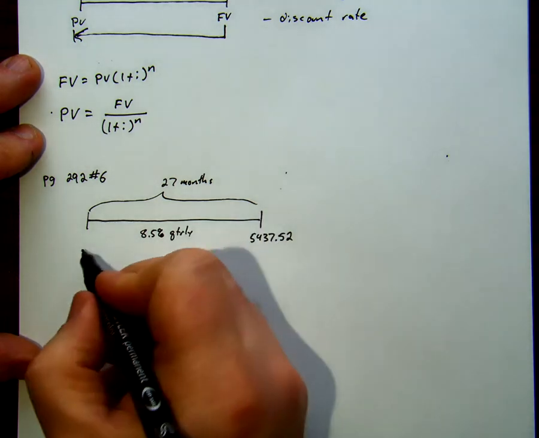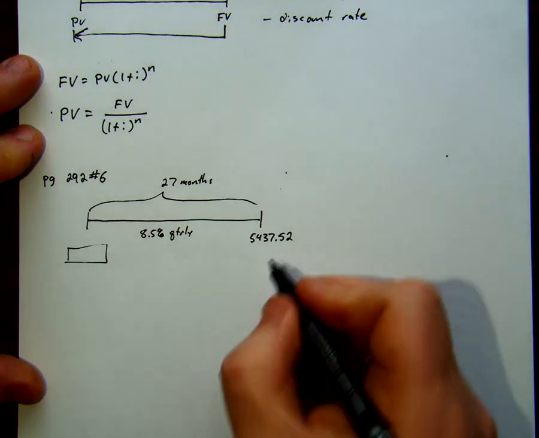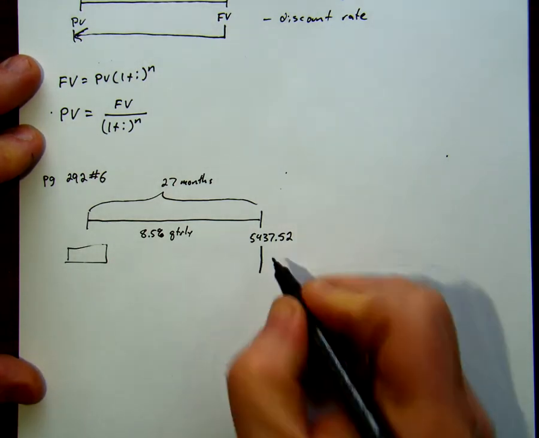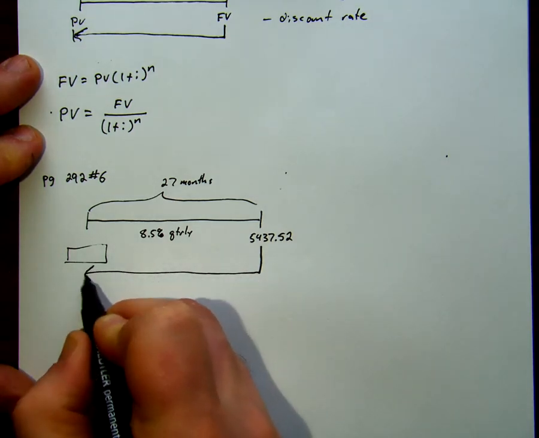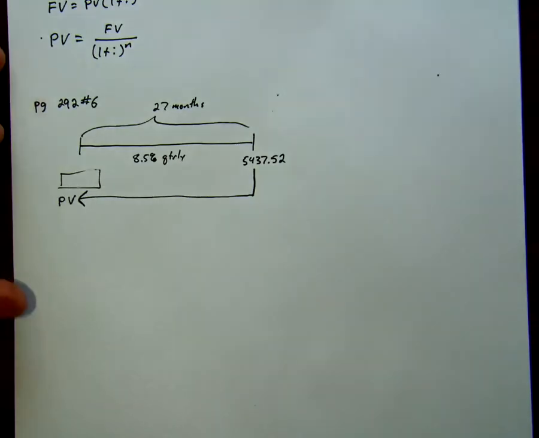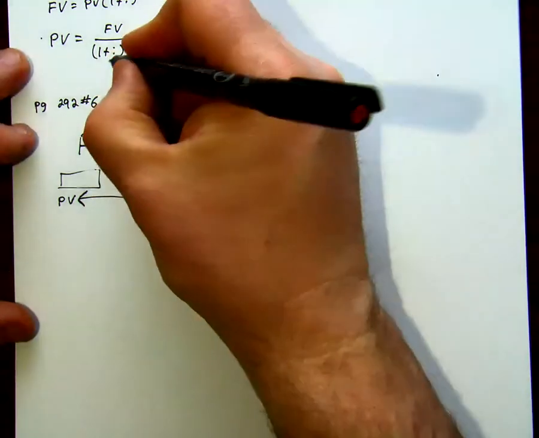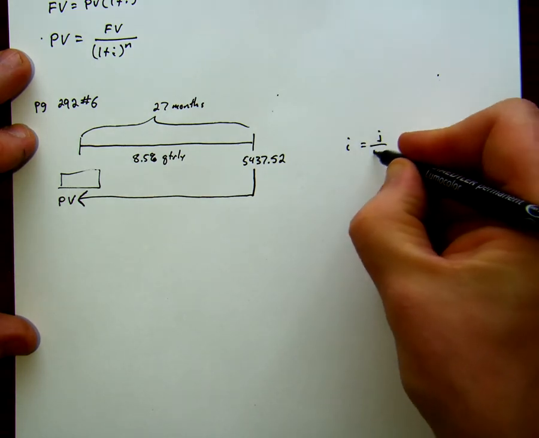What we're looking at is we want to know how much money we should have here. So we have to take our future value, discount it, move it into the past, and calculate a present value. Again, most of the work here is calculating i and calculating n. So we say i is equal to j over m.